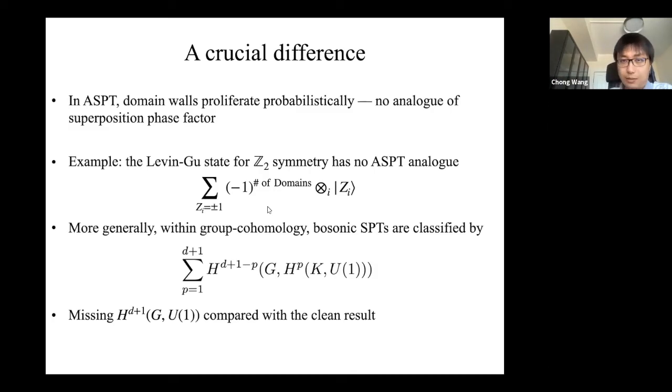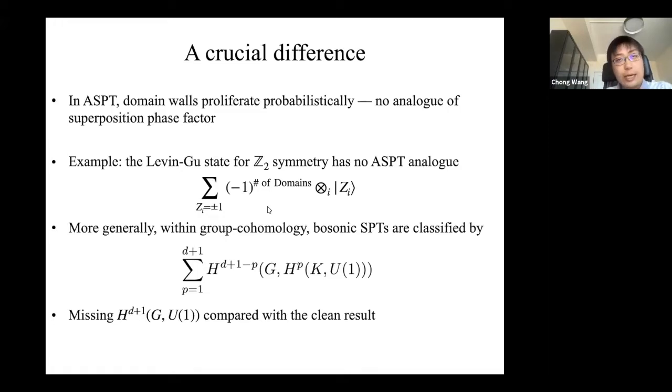So this is, it turns out, distinct from the wave function with just +1 throughout, and it's a non-trivial example of SPT. If I make the Z2 symmetry an average symmetry, this state has no analog. It basically becomes a trivial state.